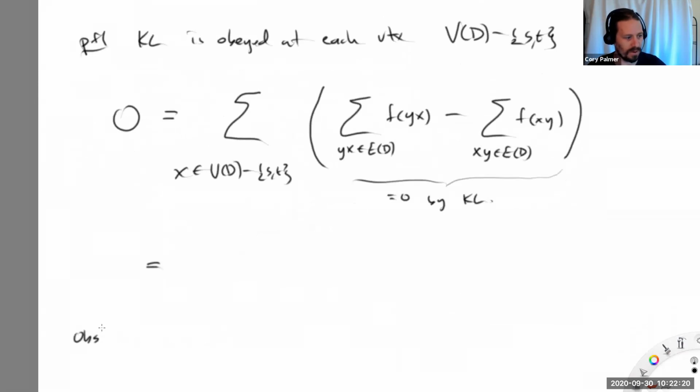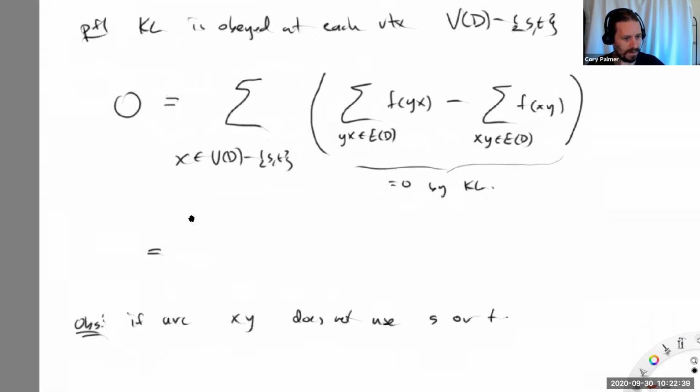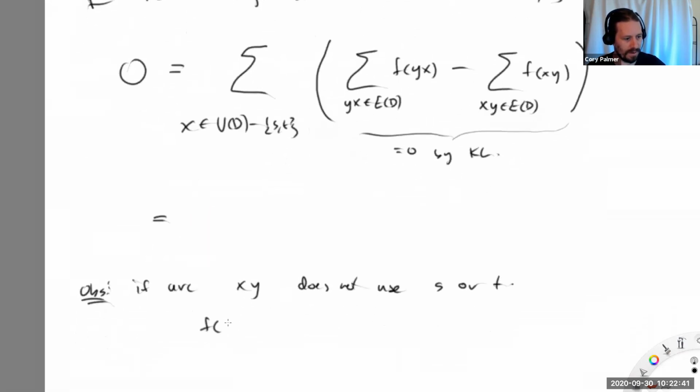Okay, so observe the following. At least when an arc doesn't involve S or T, so if arc, say XY, does not use S or T, then XY appears twice in the expanded sum, right?